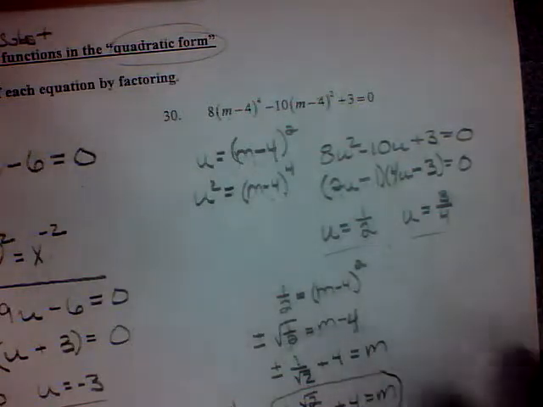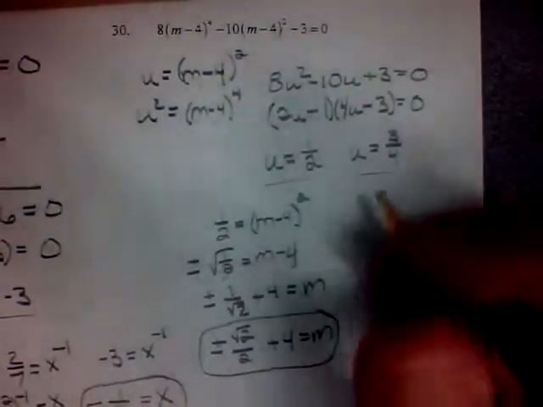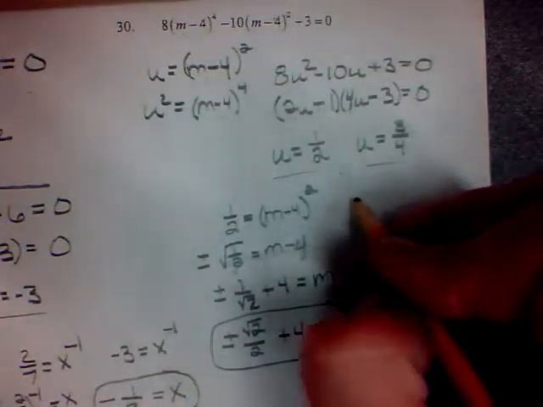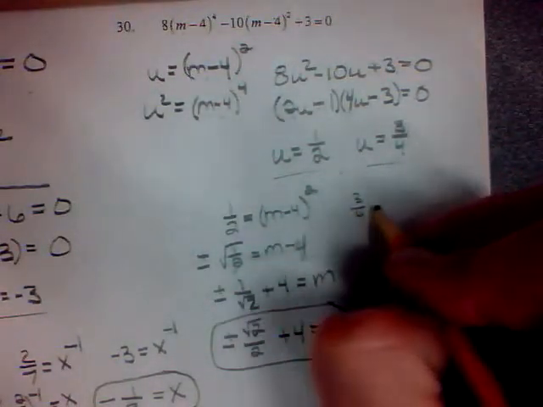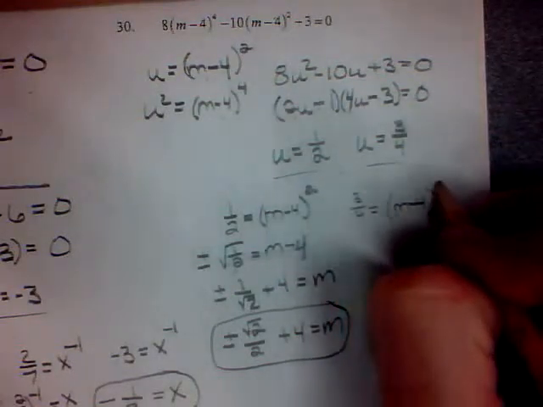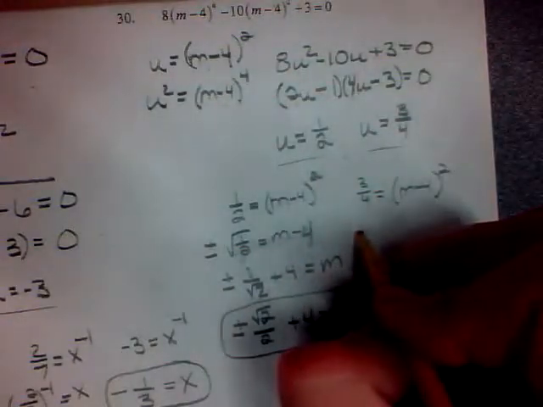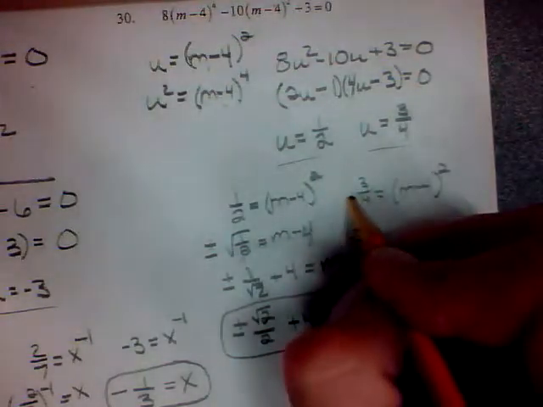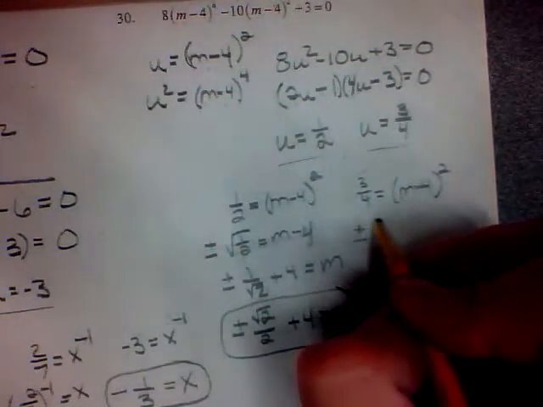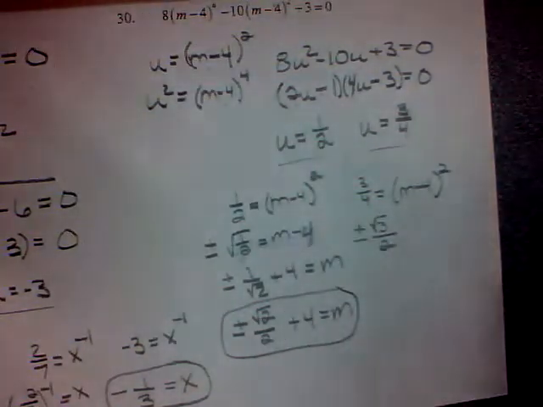And then we have to do the same thing for the 3/4. Okay? So on the 3/4 here, we've got 3/4 equals m minus 4 squared. Get rid of the square by square rooting. This one's going to be a little friendlier here, because when we take the square root of this, you get the square root of 3 over the square root of 4, and the square root of 4 is 2.